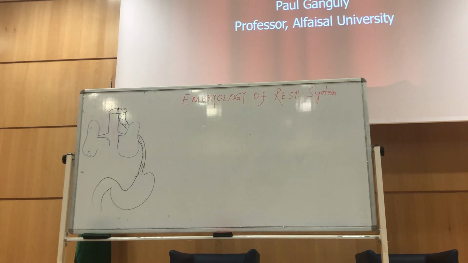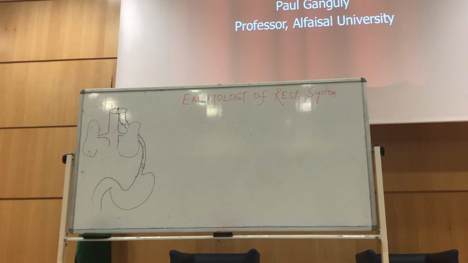The second thing is, when does it start? Most of the systems start around the fourth week. The third week is kept for cardiovascular. So in the fourth week, the respiratory system, GI system, and renal system all start. Then, through some stages, finally the lung is formed.